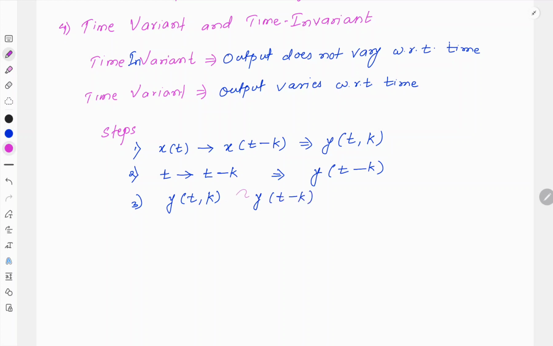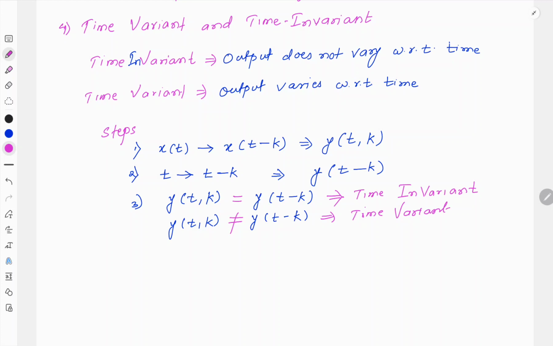If these two terms are equal, the system is said to be a time invariant system. And if y of t comma k is not equal to y of t minus k, then it is called a time variant system.